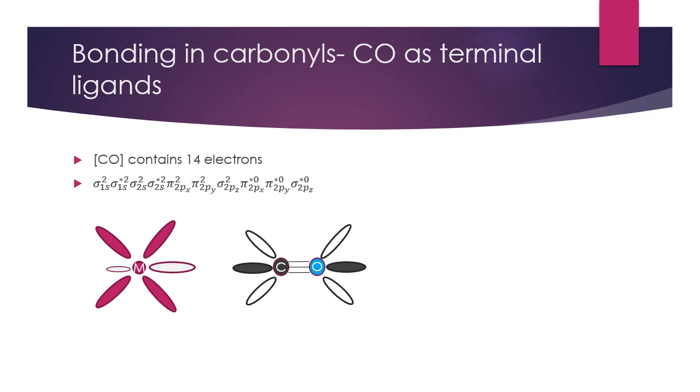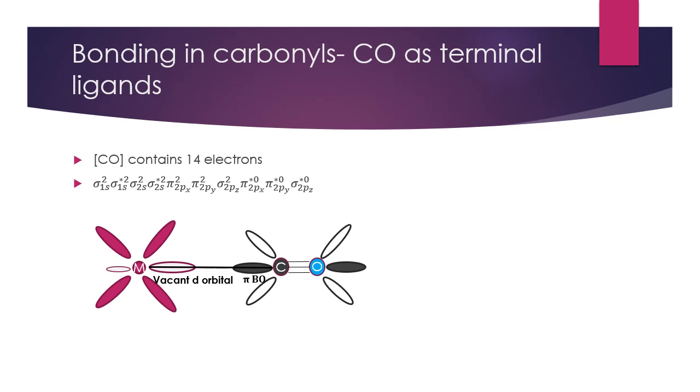When they approach each other, the filled bonding molecular orbitals of the carbonyl group overlap with the empty d orbital of the metal, resulting in the formation of a sigma bond.